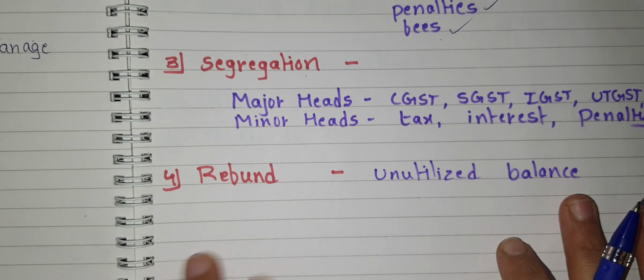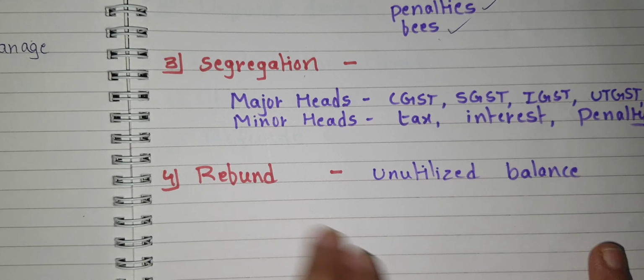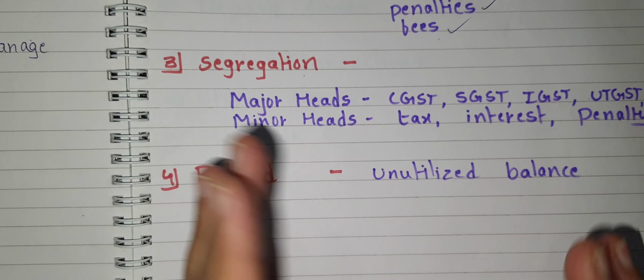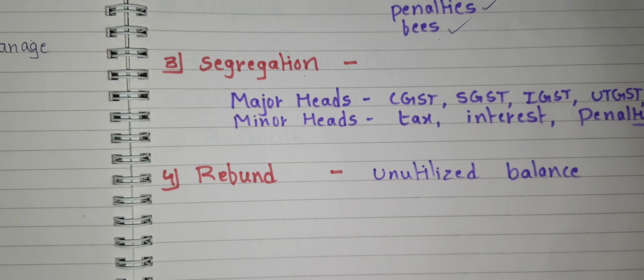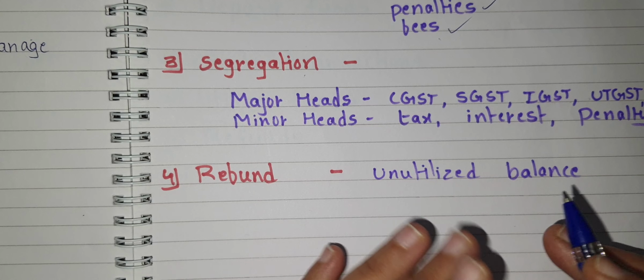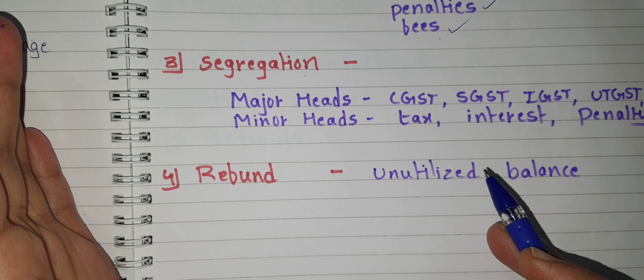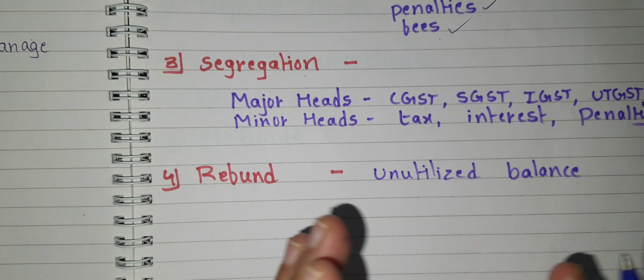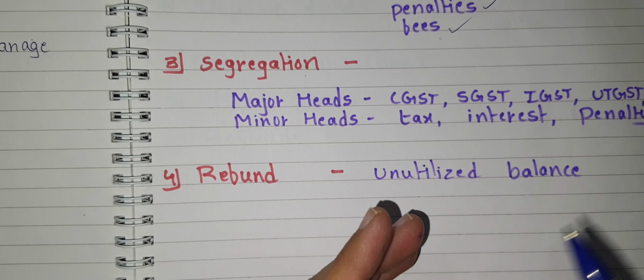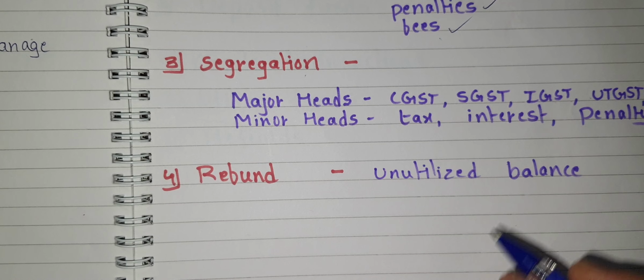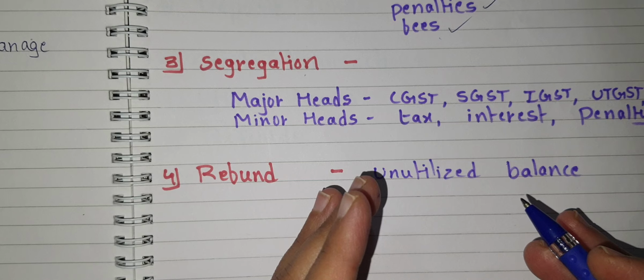The fourth feature is refund. If there is an unutilized balance, you can claim a refund as per the GST rules. First you have deposited the amount in the electronic cash ledger, then you have utilized that amount for paying tax or any interest or fees, and still you have a balance in the ledger.